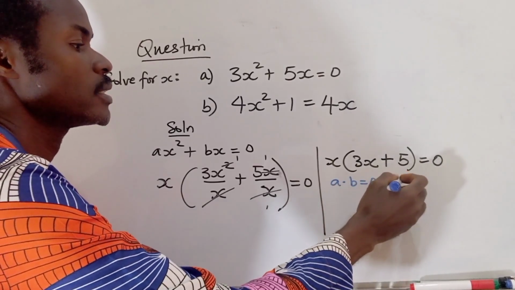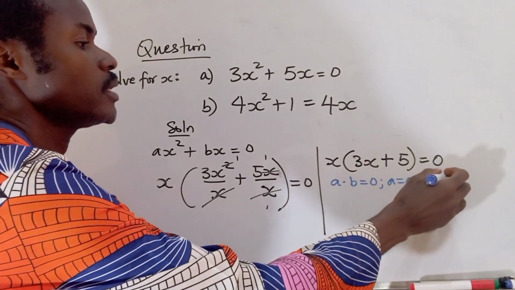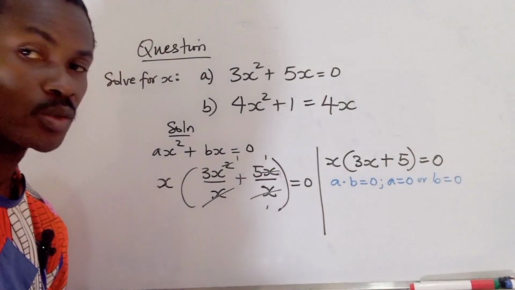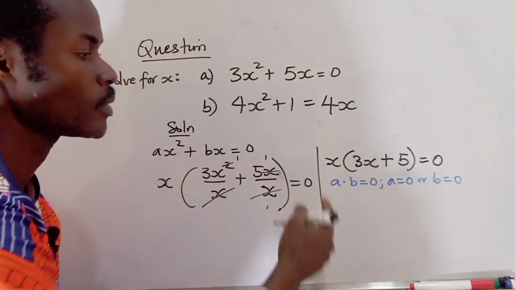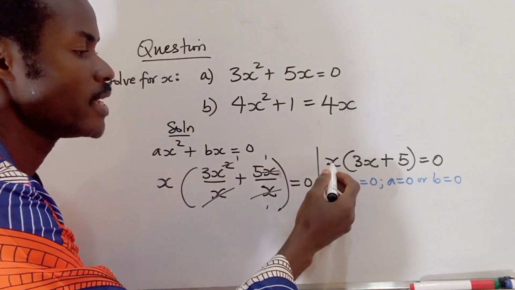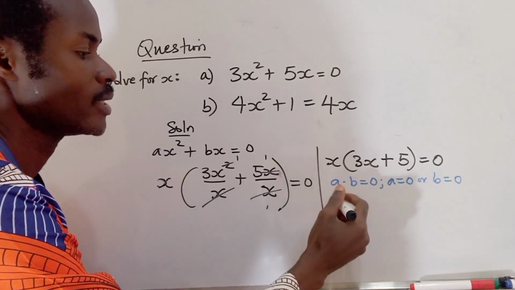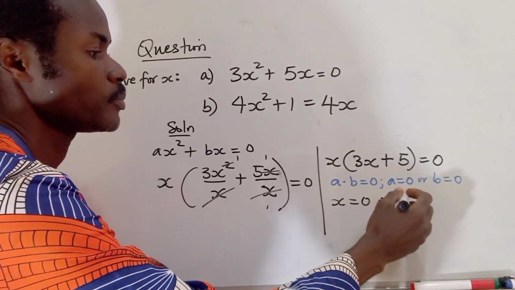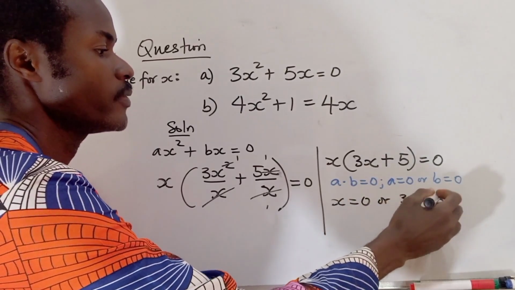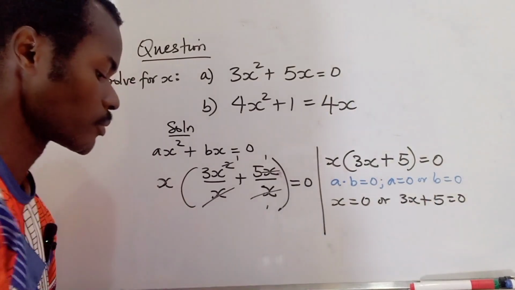It means a is equal to 0 or b is equal to 0. So now I have to use that quadratic condition to solve further. Here it means our a is equivalent to x, so we can say x is equal to 0 or 3x plus 5 is equal to 0.